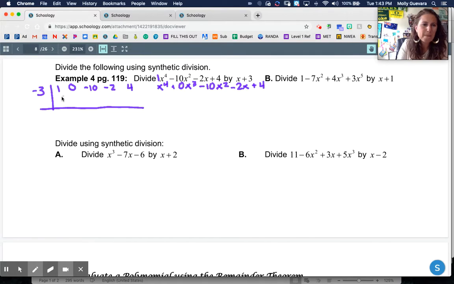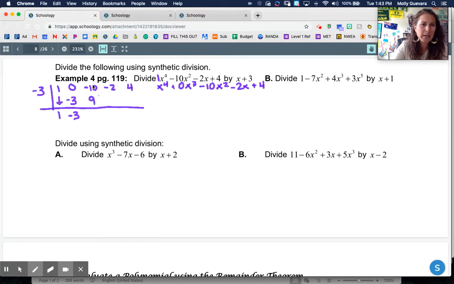All right, so what we do, the first term comes straight down. That is a 1. Then I multiply 1 times -3, which is -3. And then I add. So 0 plus -3 is -3. And then I just repeat. -3 times -3 is +9.